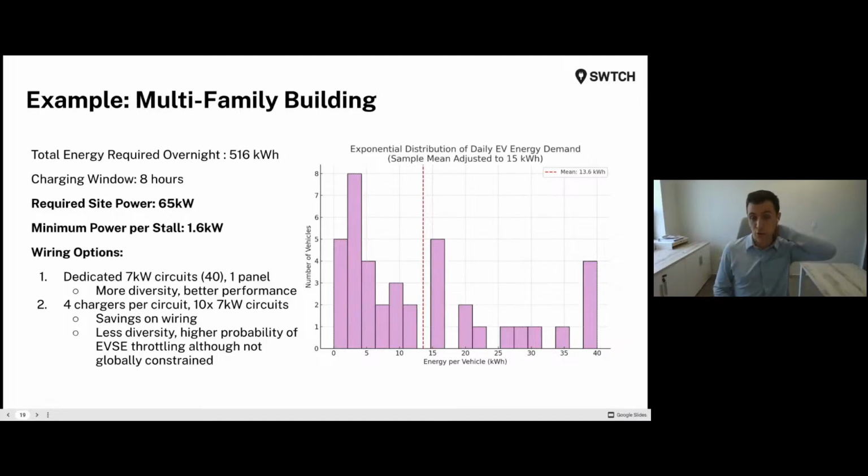So although we are installing 7 kilowatt chargers, in a worst case scenario, if everybody's plugged in and at home and requiring a charge, they're going to get 1.6 kilowatts.